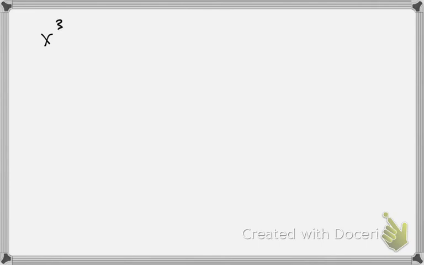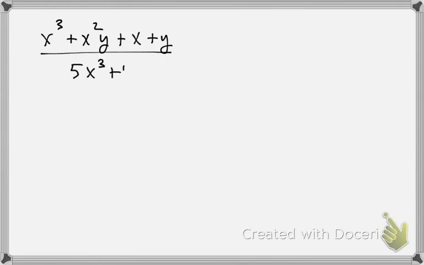What if we had x cubed plus x squared y plus x plus y over 5x cubed plus 5x times 6x squared over 2x squared minus 2y squared?